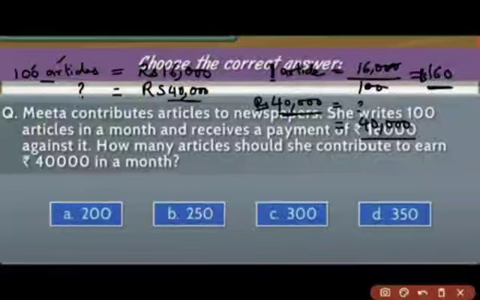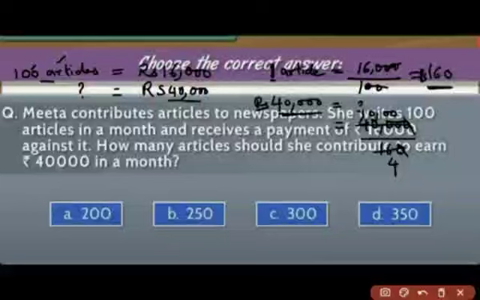So I will divide 40,000 by 160. 4 sixteens are 64, so I get 1000. Then 4 ones are 4, 4 twos are 8, 4 fives are 20, so 250.